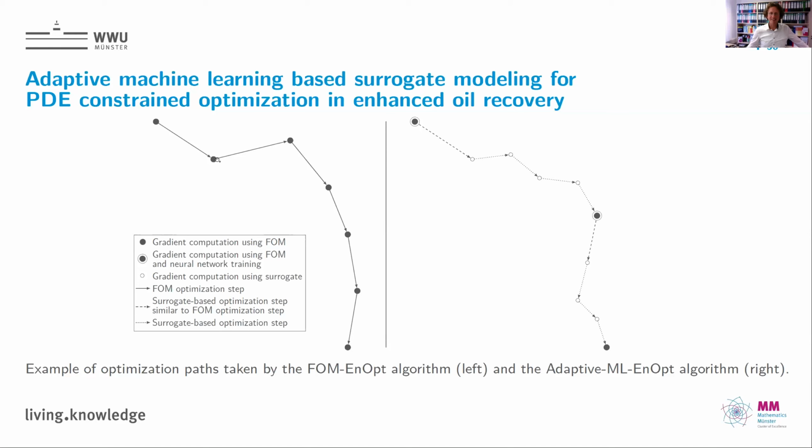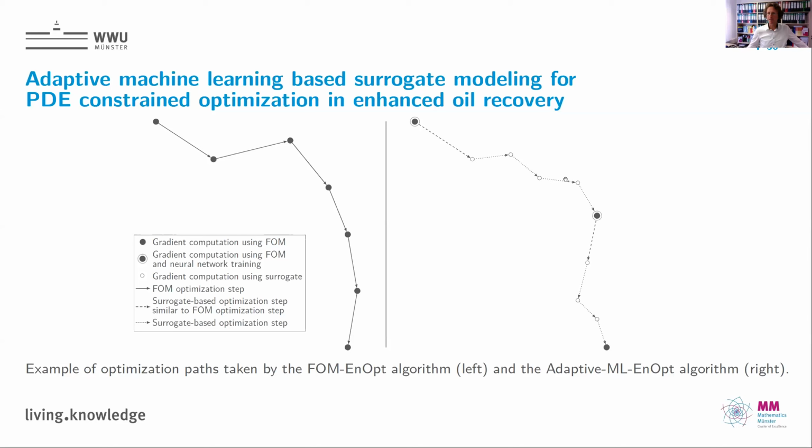So what we do instead is when we compute these 40 points here in order to get gradient information, we use these 40 computations here already to train our machine learning model. And then instead of directly going to the next point where we again need to do a lot of full order model solves, we do this optimization problem by using this surrogate model, which is now a pure machine learning model.